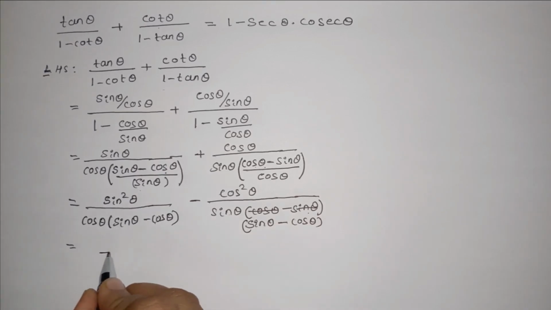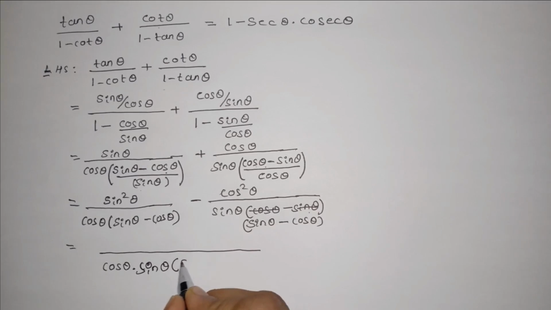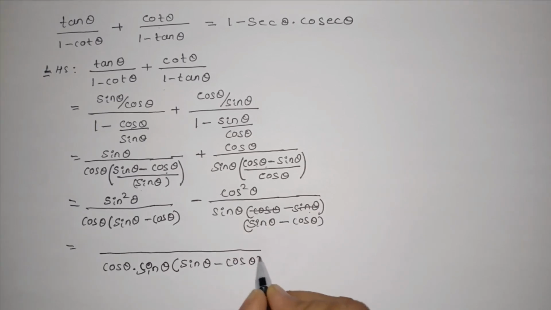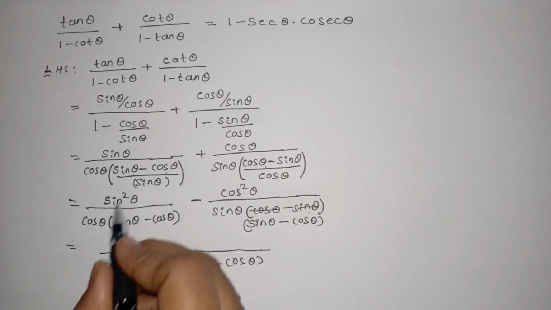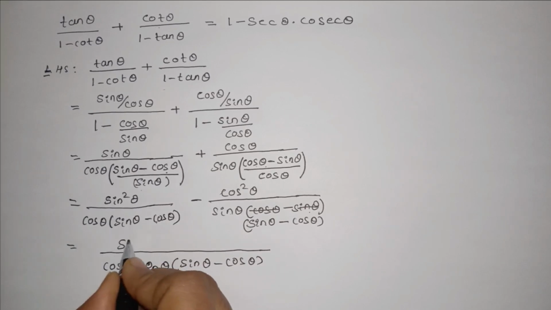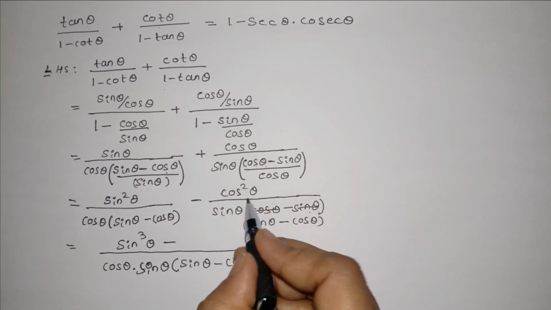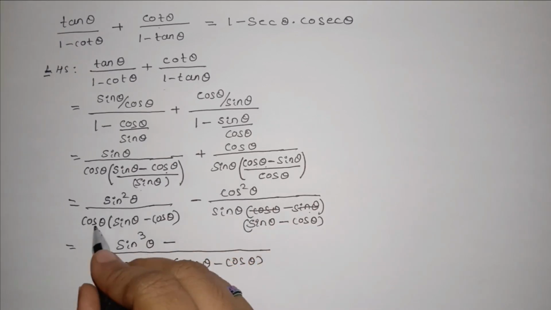Now totally we can take the LCM. LCM will become cos theta into sin theta into bracket sin theta minus cos theta. At the numerator, here sin is not there, so multiply the numerator by sin, so it becomes sin cube theta minus, here at the numerator cos is not present, so multiply the numerator by cos.